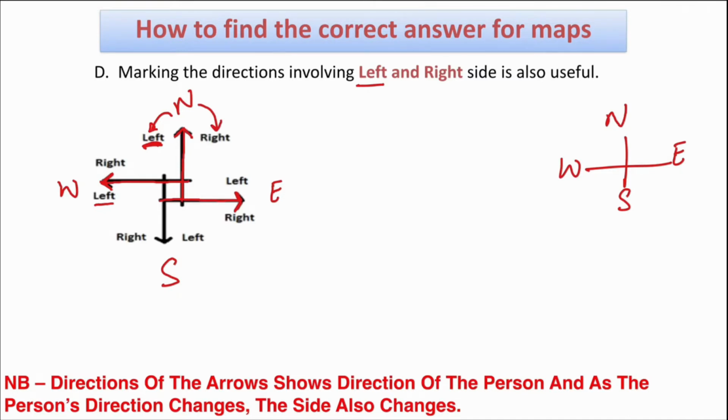And in case of south, it is vice versa. Right side will come to this side and left side will come to this side. This is how you need to understand the whole concept of left and right side. You need to just understand the west and east side, and then it will be easy to plot the answers from north to south side as well.